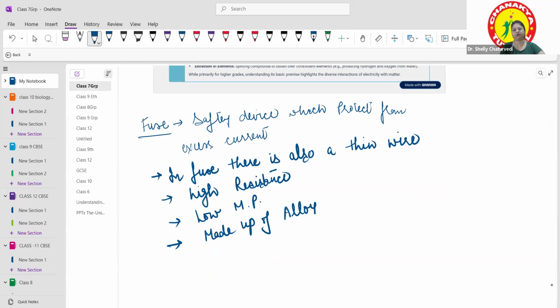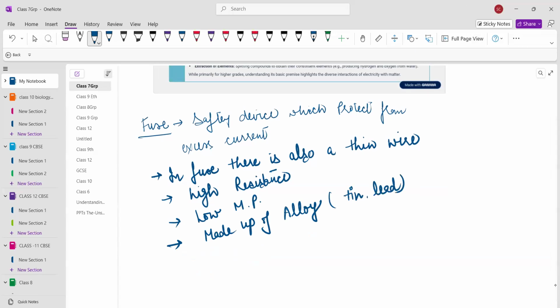What is an alloy? A mixture of two metals. And what are the two metals here? Here the two metals are tin and lead. So it is different from the tungsten filament. It has a low melting point and high resistance. And this wire is enclosed in a ceramic case.